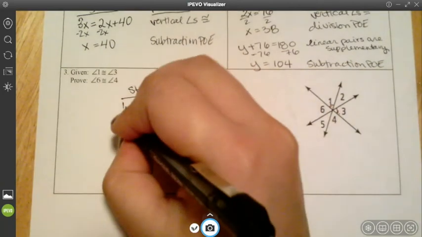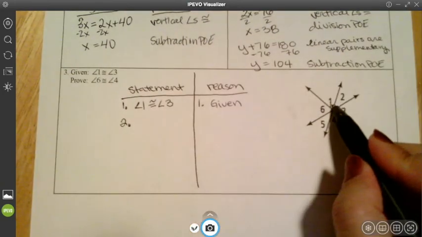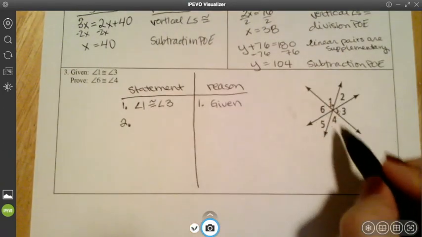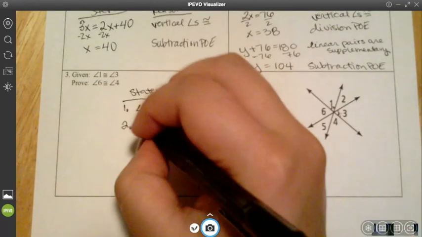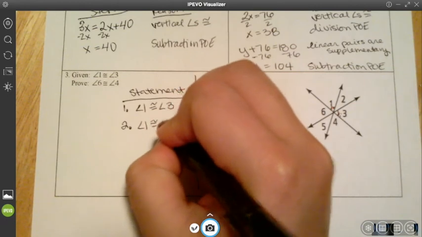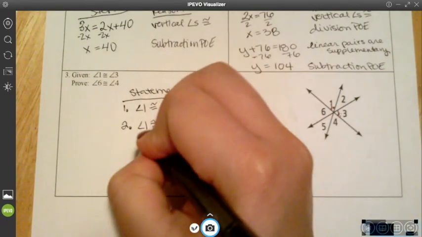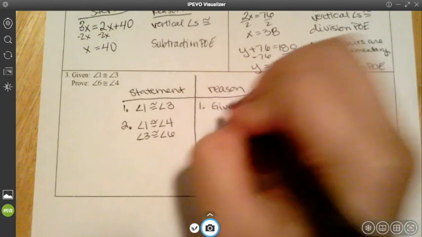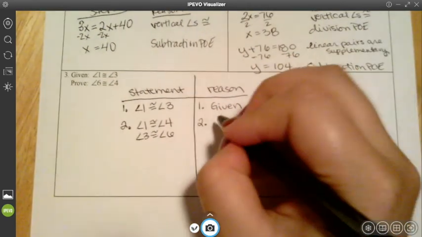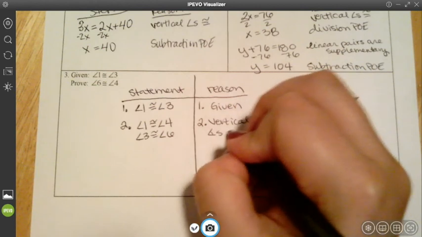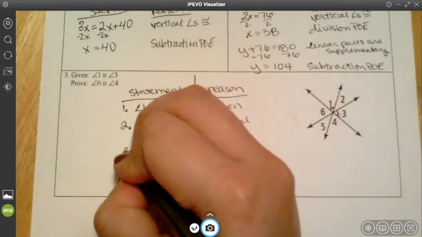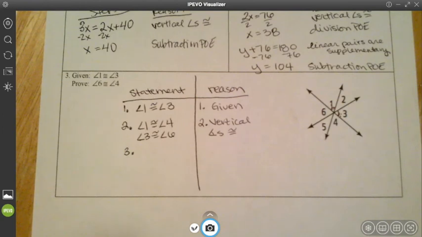Okay, our next step, remember we said we have angles 1 and 3, we want angles 4 and 6, so we're going to write that those give us vertical pairs. So we have angle 1 is congruent to angle 4, angle 3 is congruent to angle 6. And how do we know that? Because vertical angles are congruent.